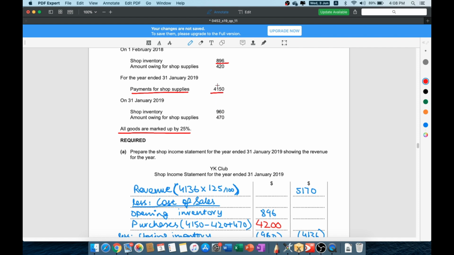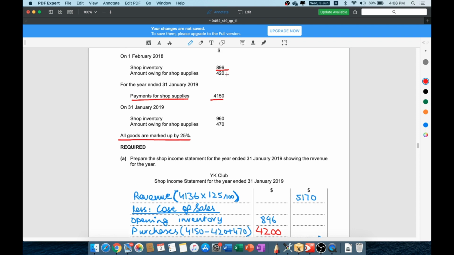Or actually, let me just explain 420 first. We're gonna subtract 420 from 4150. Why? Because these $420 are what we owe to whoever we bought from last year. We owed them last year, and so we pay them off first this year. And then we make new purchases, and we tell them that I'm gonna pay you next year, or sometime later.